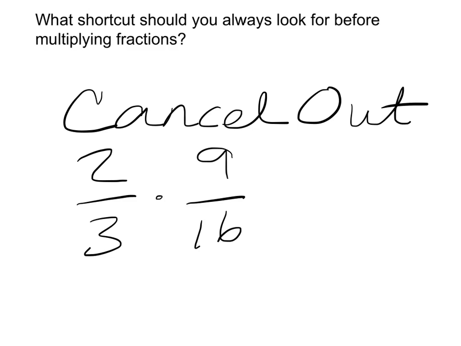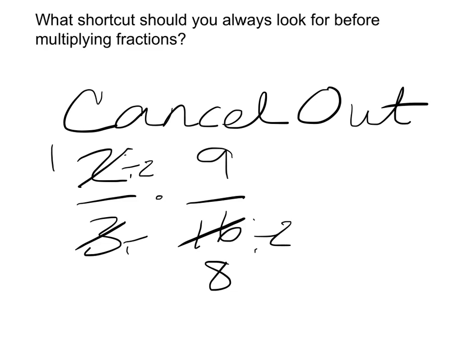Remember, we look for common factors anywhere in the numerator and anywhere in the denominator. So I see that 2 will go into 16 and 2. So I'm going to divide by 2, and I'm going to be left with 1. I'm going to divide by 2, and I'll be left with 8 here. I also see that 3 is a common factor between the 3 and the 9, so I'm going to divide by 3 and be left with 1, and divide by 3 and be left with 3.